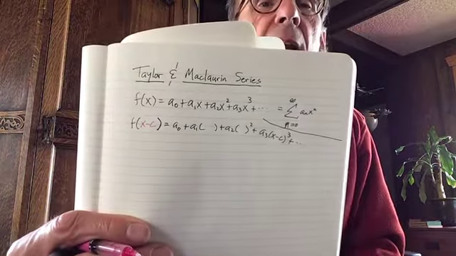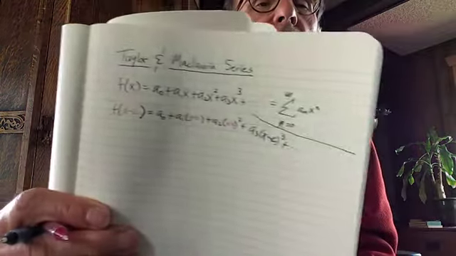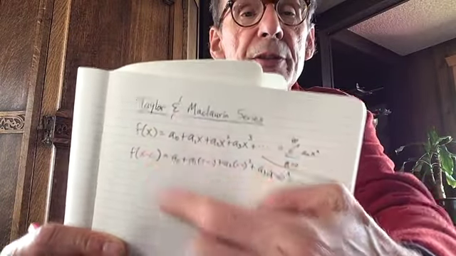This is going to look a little bit like a crazy person did it because they didn't leave enough room. So do the parentheses first, and wherever you have an x, now you have x minus c. I already did that one. Okay, so that's all. So this is a Taylor series. Maclaurin series is where c is 0.